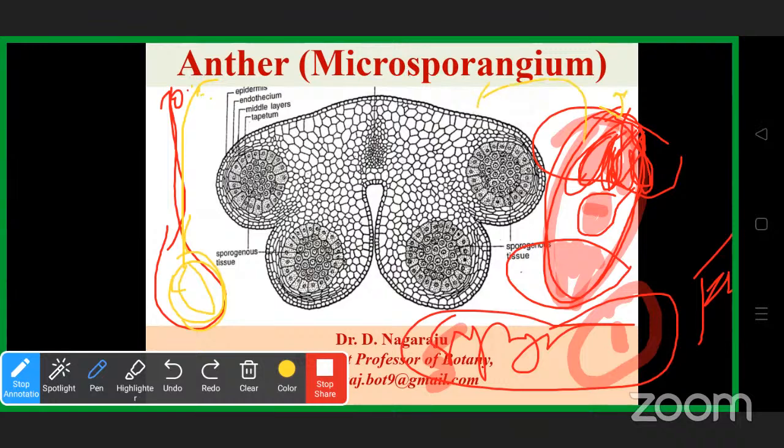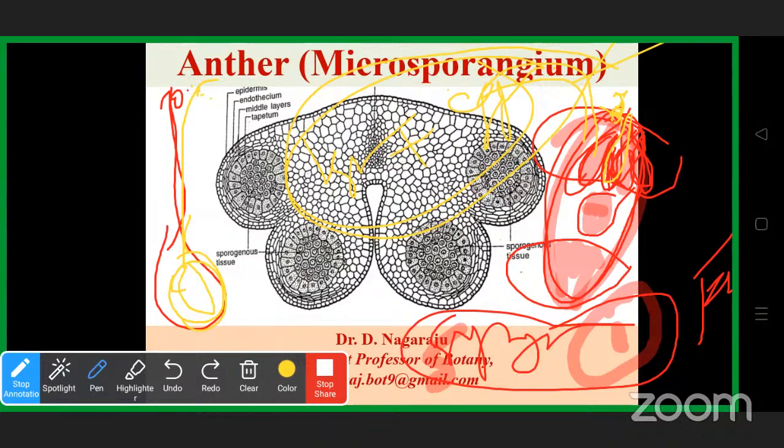The pollen tube germinates and reaches toward the egg cell. The first male gamete fuses with the egg cell. That is called fertilization. Syngamy, the fusion of male and female gamete, is called syngamy. That is also called fertilization.